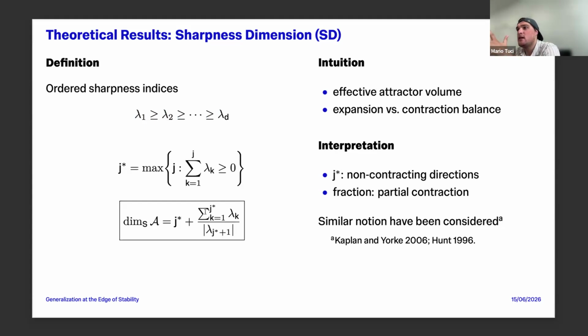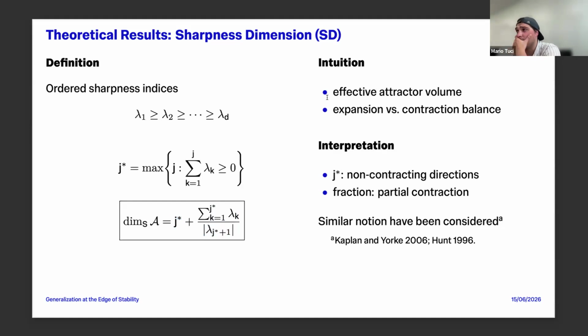The rest is compactified in a fraction. That can be seen as a non-integer or fractal dimension, right? It consists of an integer part, which comes from here, and some fractional correction, which is smaller than 1.